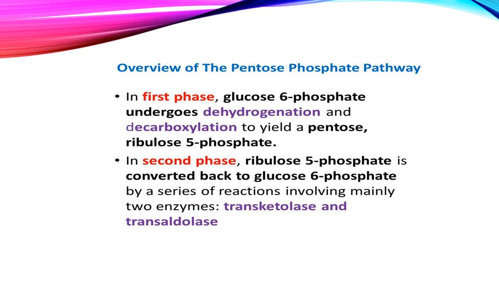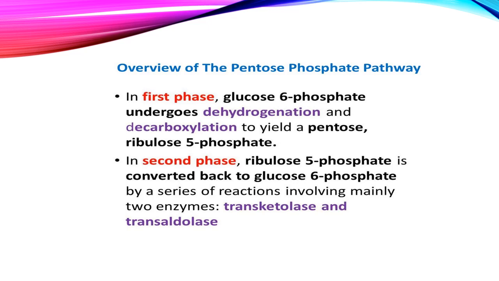And this ribulose 5-phosphate is a precursor for many other biosynthesis processes. This we have to understand. Our aim was to generate ribulose 5-phosphate, which is an important precursor. And this is generated from glucose 6-phosphate in the first phase of the pentose phosphate pathway, the oxidation phase.